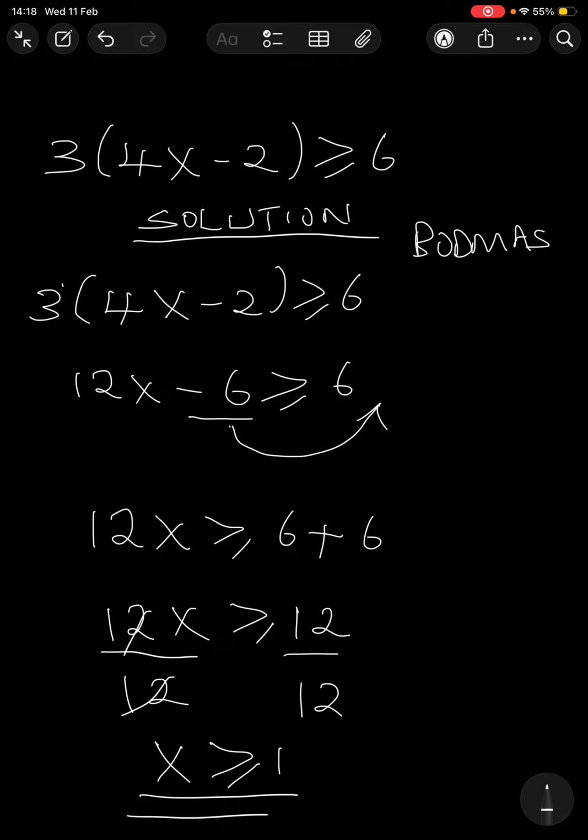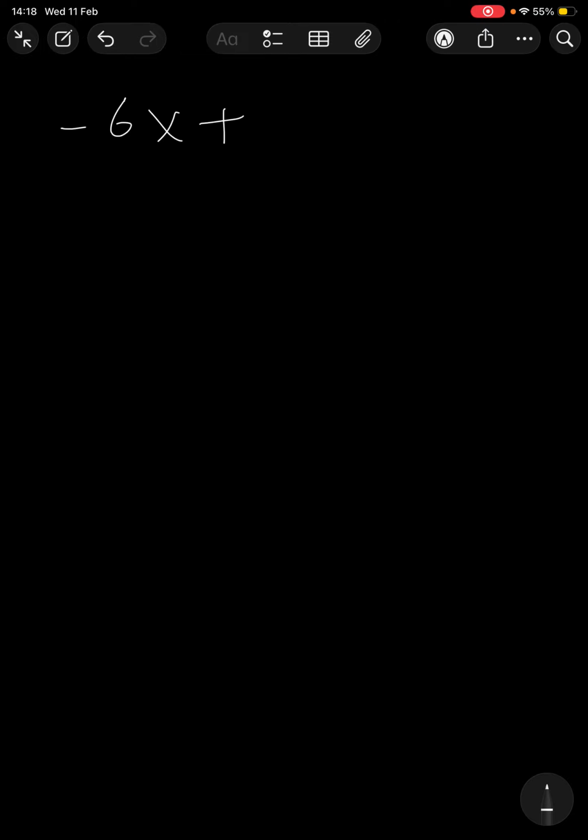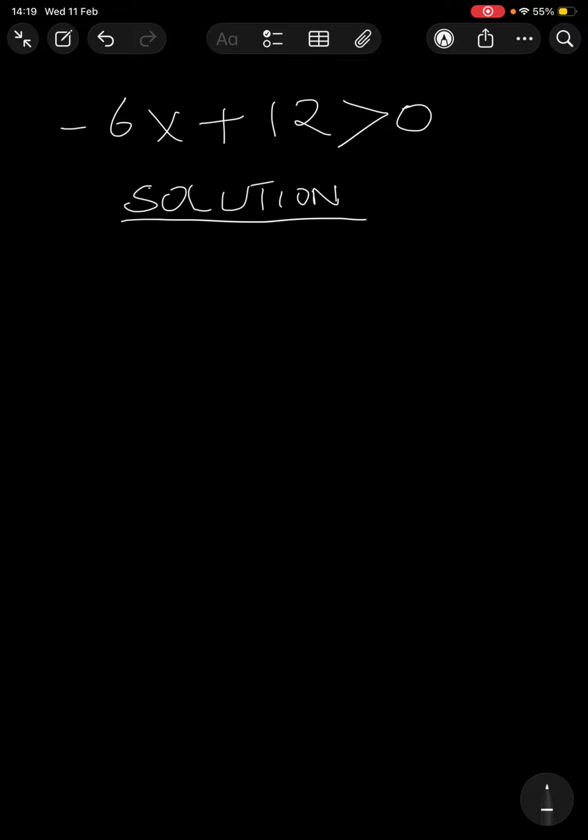Next, example 4. We have negative x plus 12 greater than 0. Make x the subject.